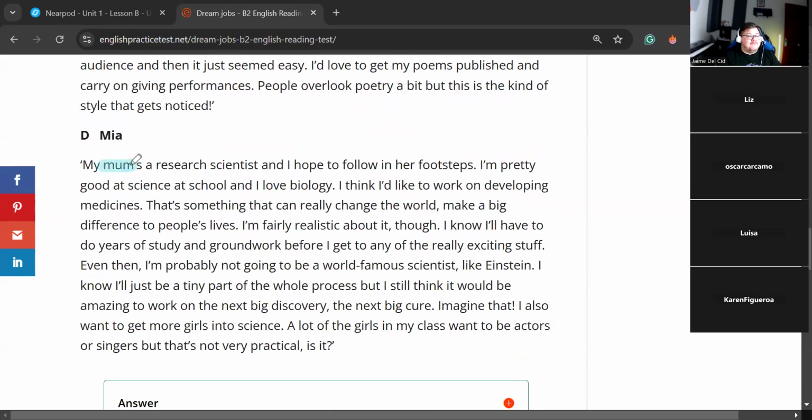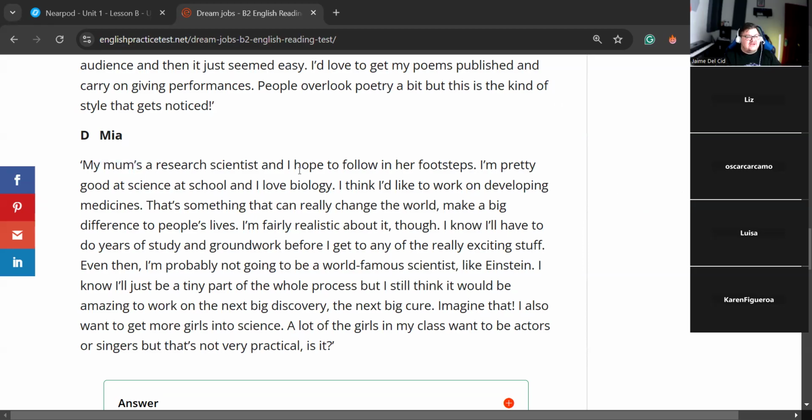So my mom is a research scientist. Even these changes in cultures, the way that the Americans do it is MOM, right? But the way that British people do it is MUM. So it has some changes, even though we're referring to the same thing. It's not a big change, but it is there.